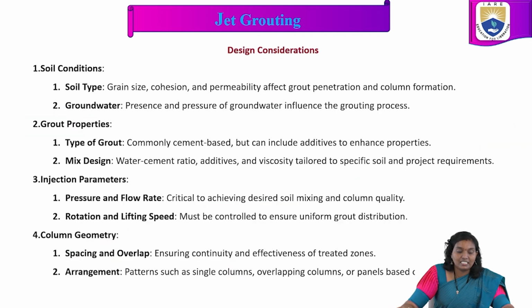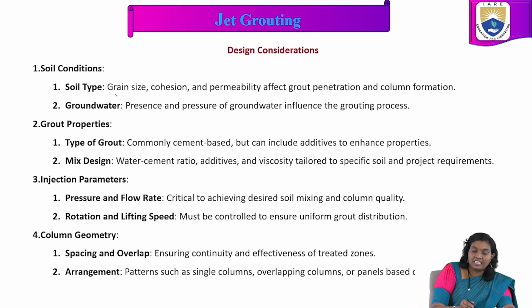Jet grouting design considerations: soil conditions, grout properties, injection parameters, column geometry. Soil conditions: which type of soil it is, how high the water table is, how the groundwater behaves, and the presence and pressure of groundwater, all the parameters relevant to groundwater and also the soil type. Soil type, grain size, cohesion, and permeability affect the grout penetration and column formation.